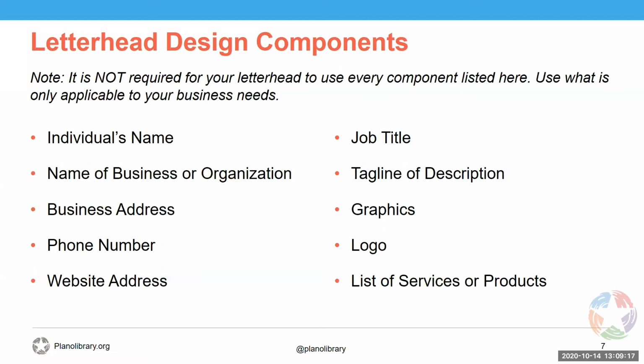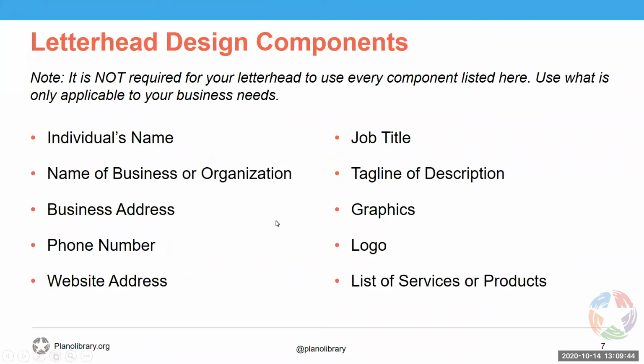You're going to want to make sure that in your letter, you have an individual's name. You want to state what your business or organization is. You want to have your business address because this is a letter, and all this contact information, which nowadays can include a phone number and website address. It's not included here, but you may also want to include an email address.